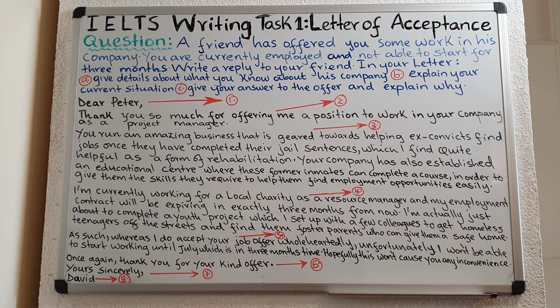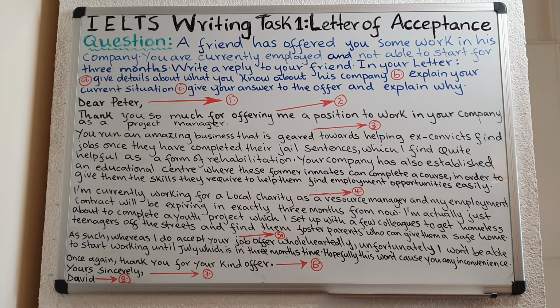Because of that then, in step 5, I write, as such, whereas I do accept your job offer wholeheartedly, unfortunately, I won't be able to start working until July, which is in 3 months' time. Hopefully, this won't cause you any inconvenience.